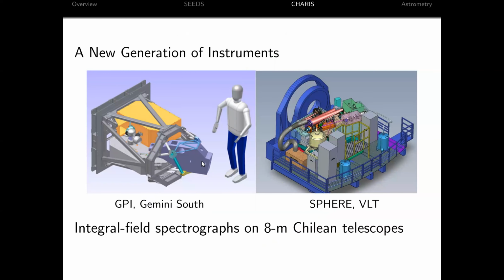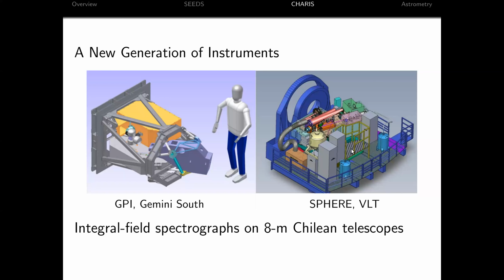Keras is part of a new generation of instruments. We're not the only ones doing these sorts of things. I've put two other ones on this slide, and those are both at the Gemini telescope and the VLT telescope. These are big telescopes in Chile. Gemini has a relatively small instrument called GPI, about the same size as a person.